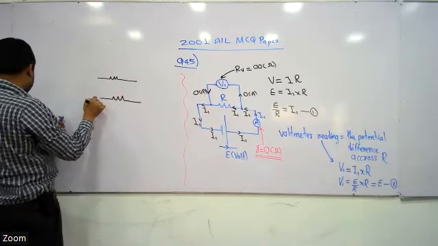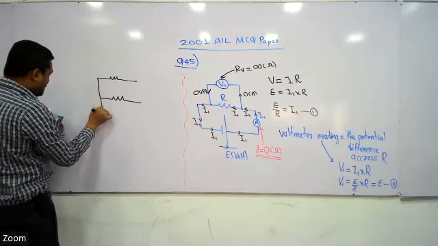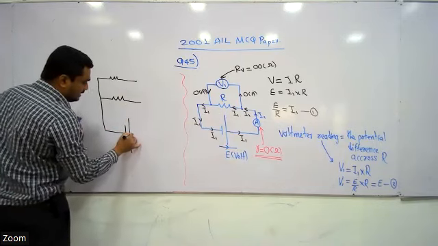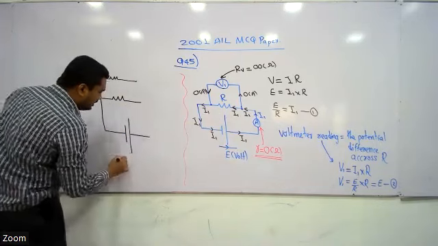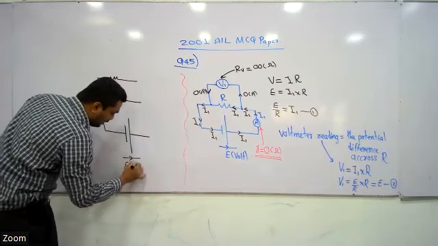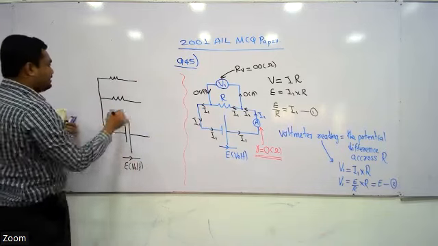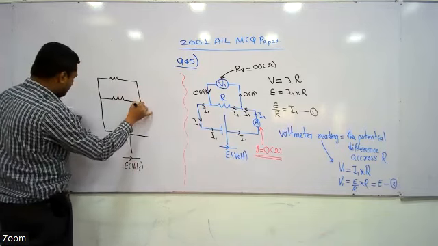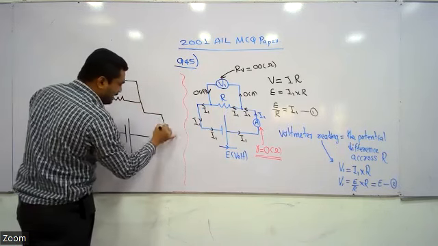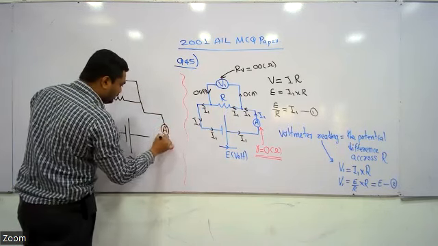Like this, the two resistors are connected to the same battery. The EMF, the voltage of the battery, is E volt. And they have connected an ammeter also.